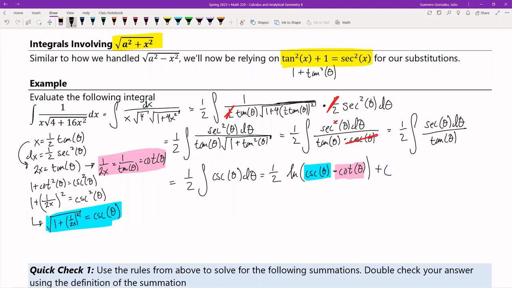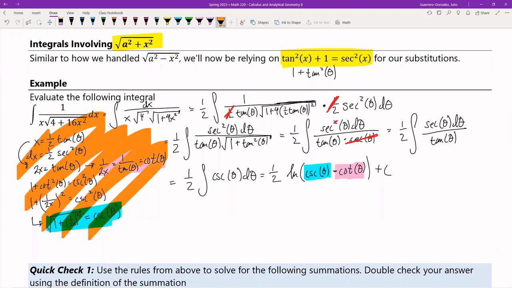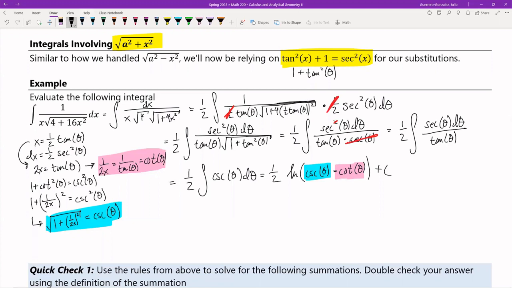There's multiple ways to figure this out, right? I used an identity. I could have broken it down to sines and cosines. I could have used a triangle. Any which way you remember how to do this stuff from pre-calc works for me, okay? So our final answer, 1/2 ln, got a little confused there with my notes.